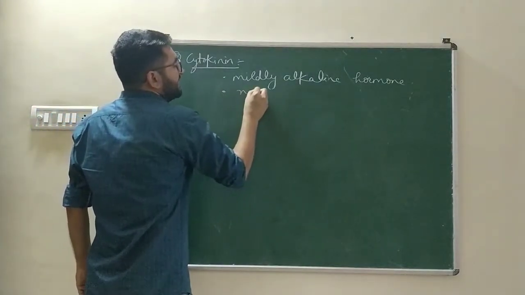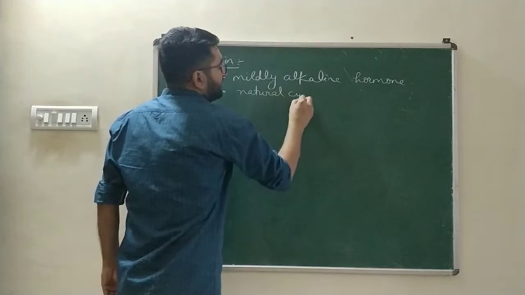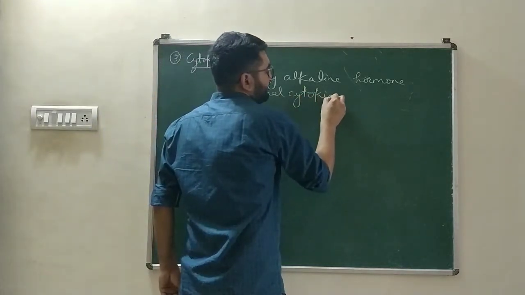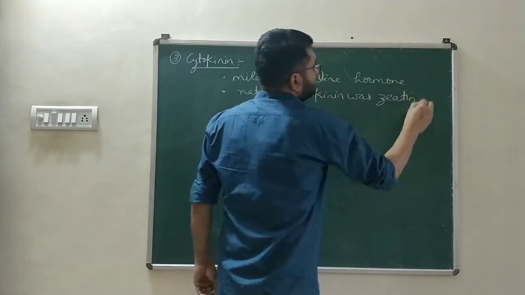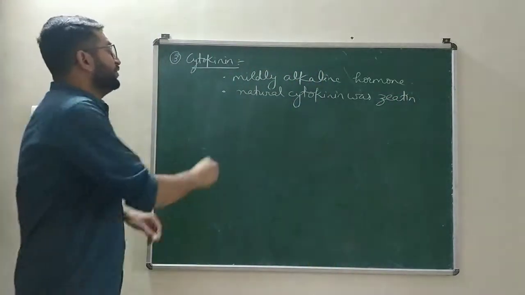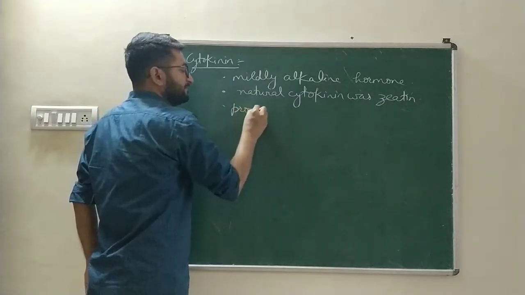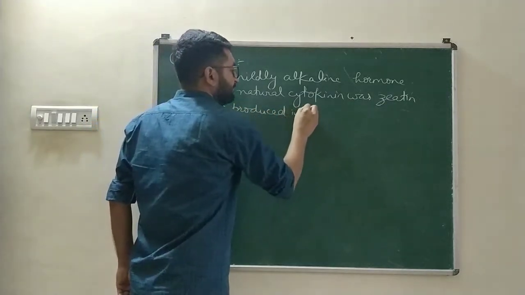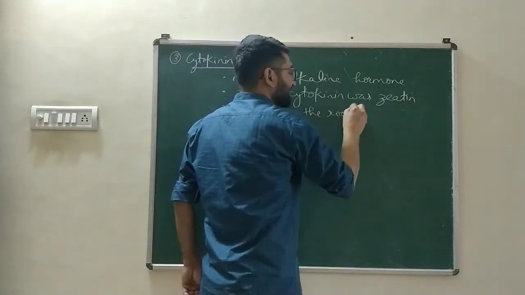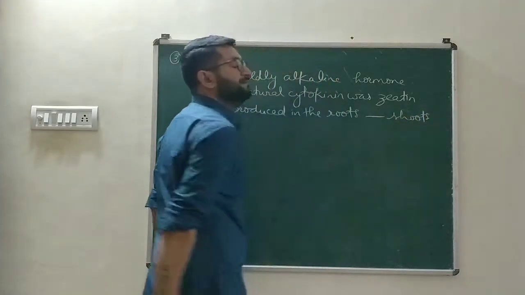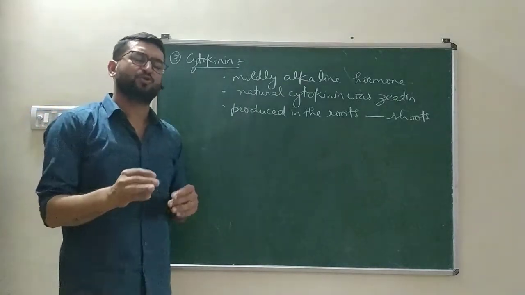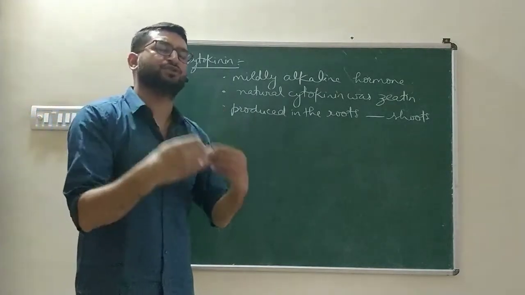The first natural cytokinin was zeatin. They are produced in the roots and then later on transferred to shoots. So cytokinins are basically produced in the roots and then later on these are transferred to the shoots.